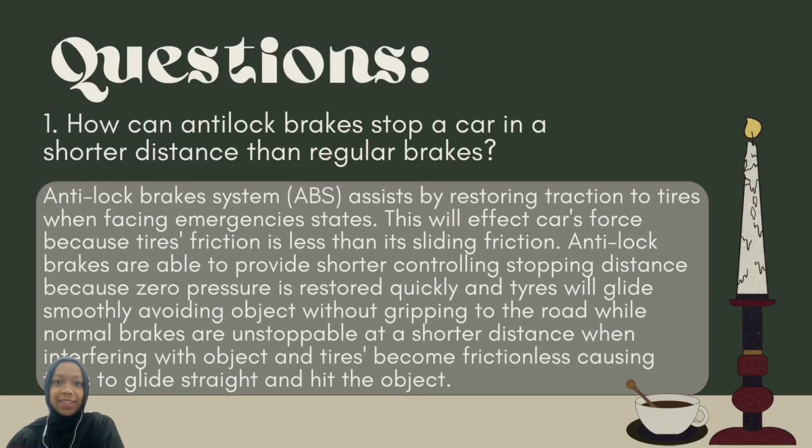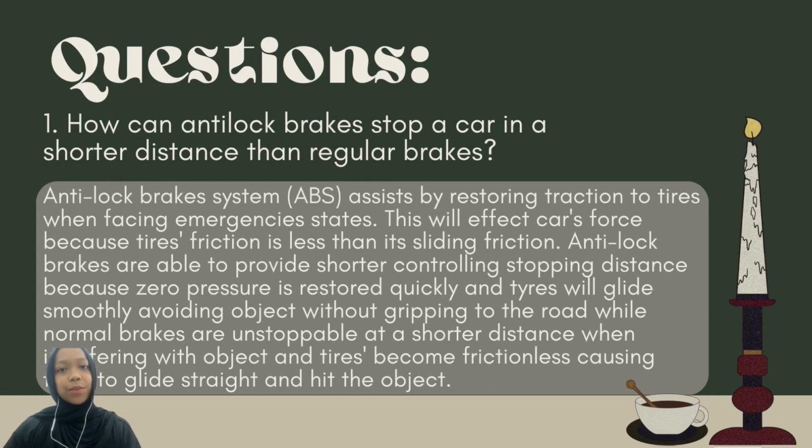Let's jump on to questions. Question 1. How can anti-lock brakes stop a car in a shorter distance than regular brakes? The anti-lock brake system, or ABS, assists by restoring traction to tires when facing emergency states. This affects the car's force because the tires' static friction is greater than its sliding friction.